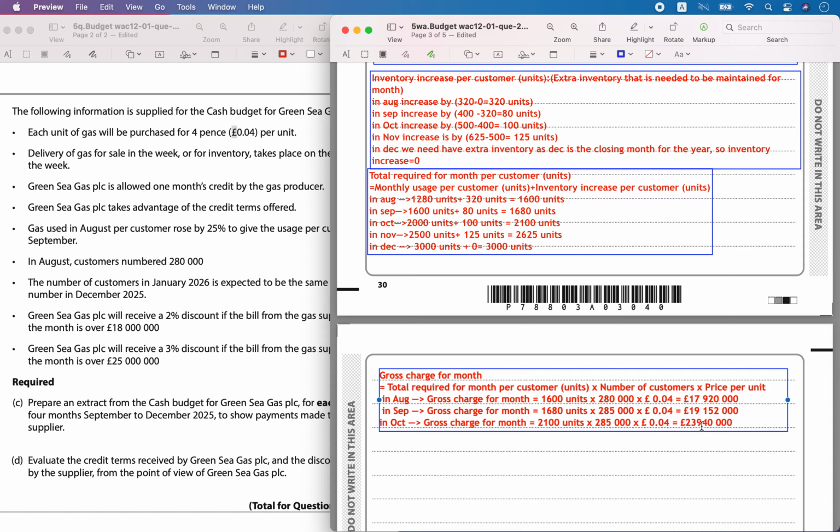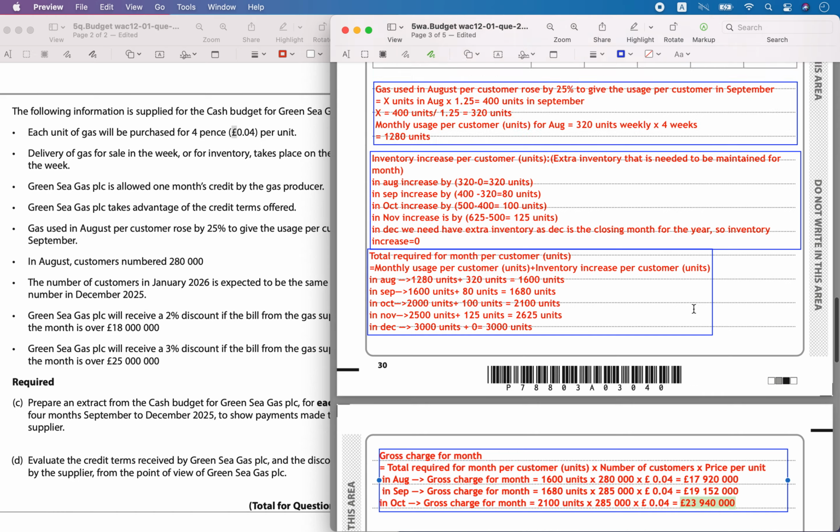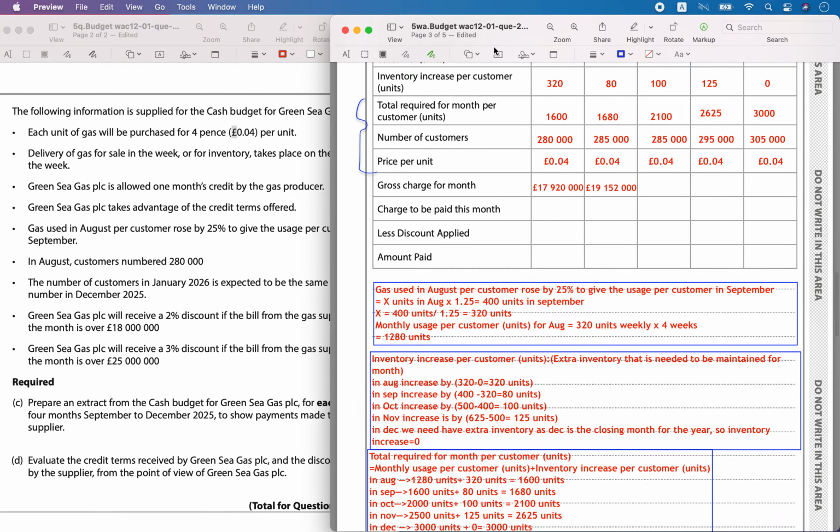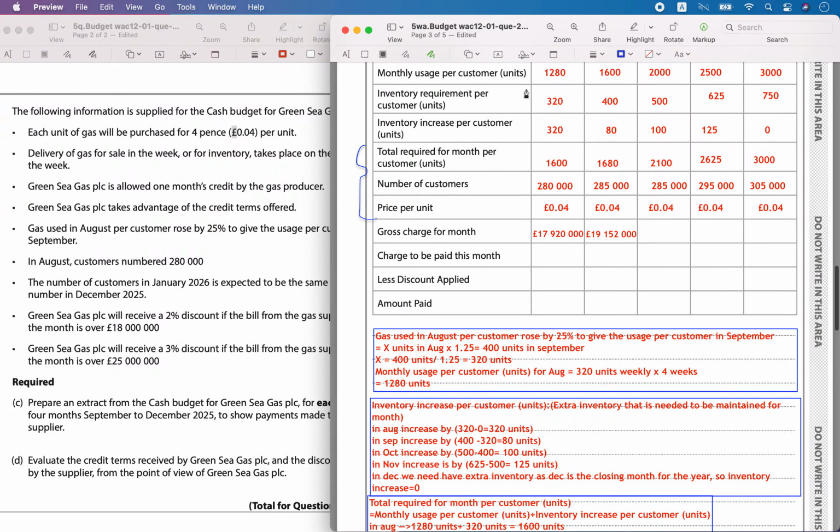It is 2100 units into 285,000 customers into 0.04, that is equal to 23,940,000.